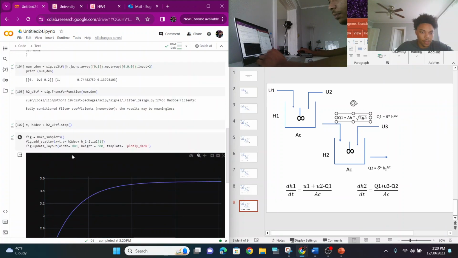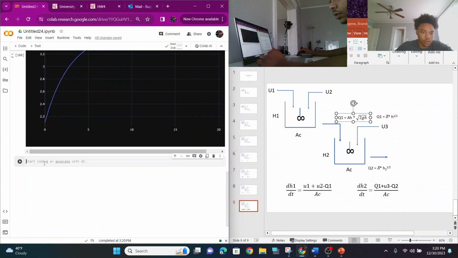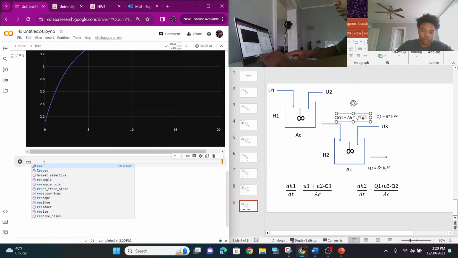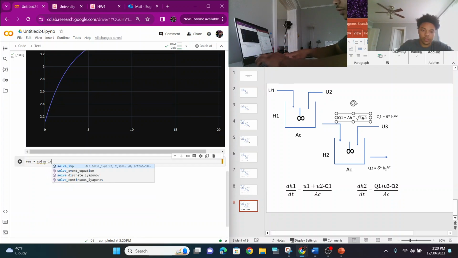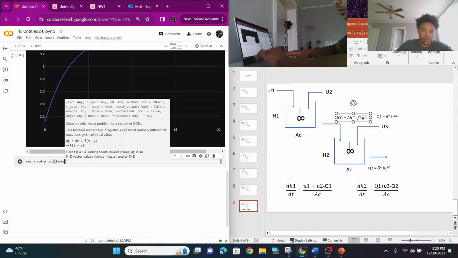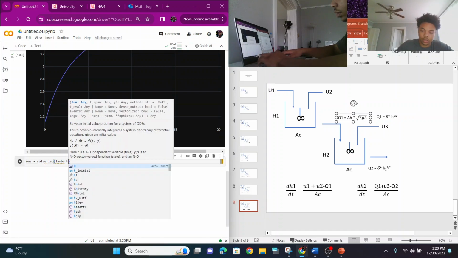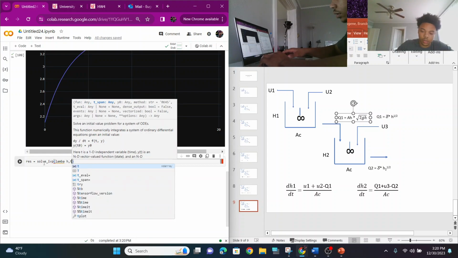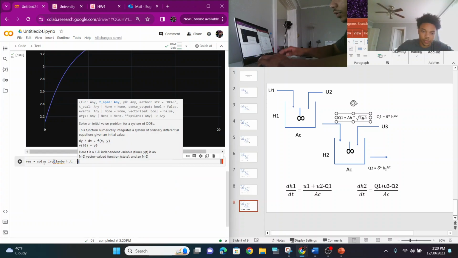And now that we have that made, we're going to use an initial value problem solver, so solve_ivp, with lambda h comma t, so that we can solve for those variables.